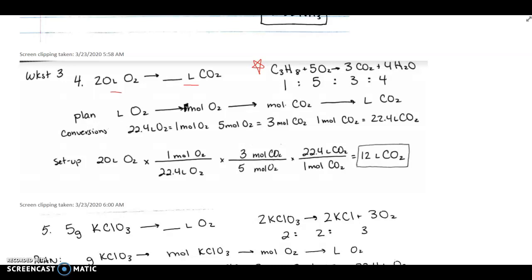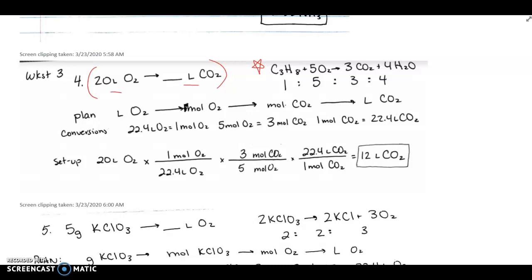This is a combustion reaction. Our mole ratio is 1 to 5 to 3 to 4. And we are given 20 liters of O2 yields how many liters of CO2?